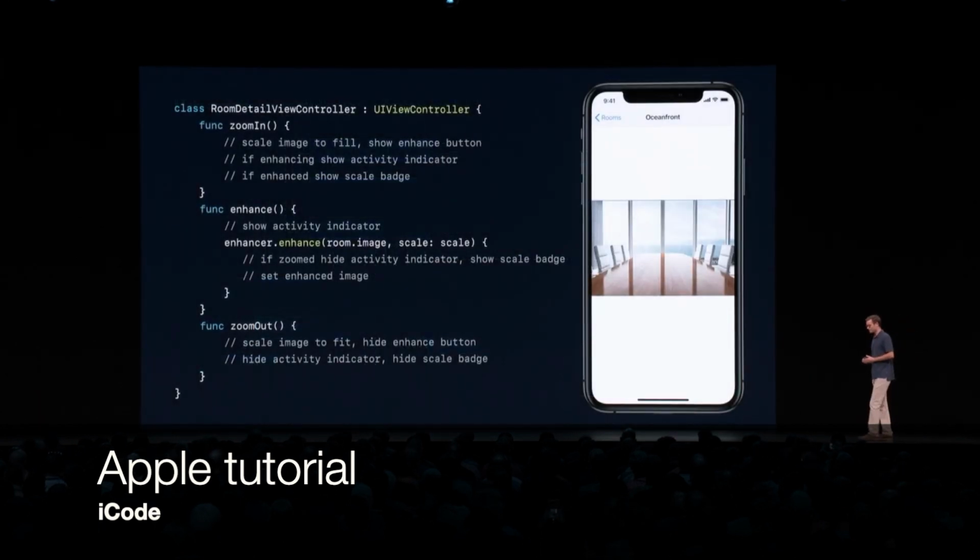The thing I find the hardest about managing the complexity of my views is dealing with all the possible orders the different callbacks can get called in. So here's an old version of the room detail view that was implemented in UIKit. It had the same features as the one we've seen so far has, but it had one more.